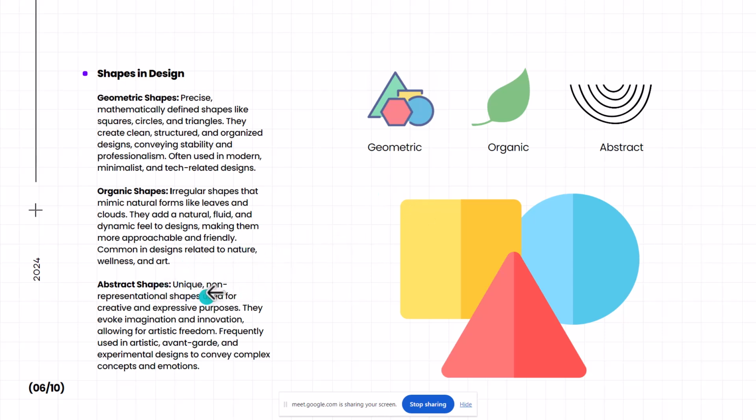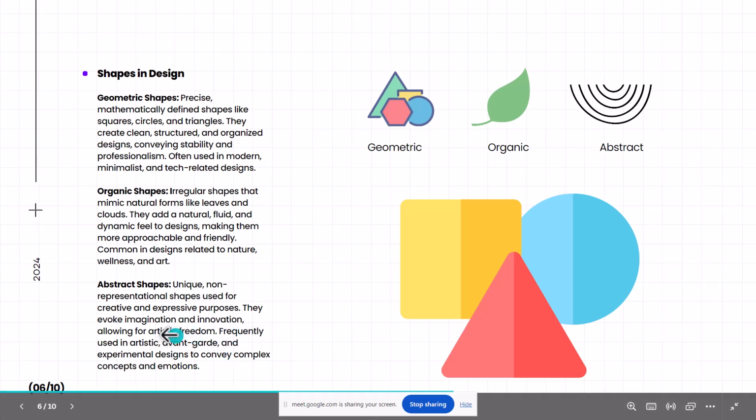While abstract shapes are unique, non-representational shapes used for creative and expressive purposes. So maybe these shapes don't really represent anything exactly, but they are crafted in a way that they still pass a nice message.